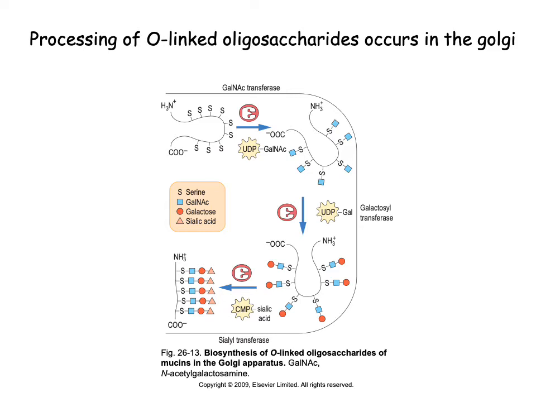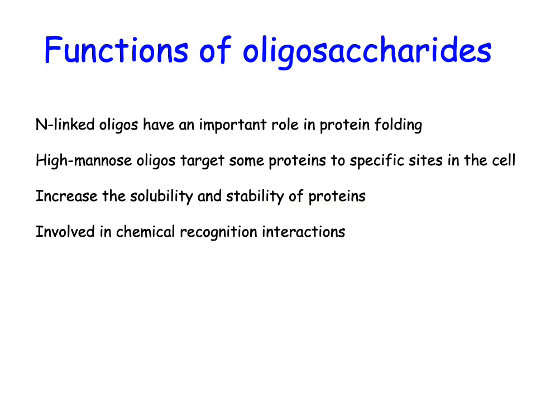Now, synthesis of the O-linked oligosaccharides occurs in the Golgi, and it is not anchored to the membrane, but it happens as proteins move through the Golgi, so a little bit different than the N-linked carbohydrates. Okay, so these oligosaccharides carry out a number of functions when they're attached to the proteins.